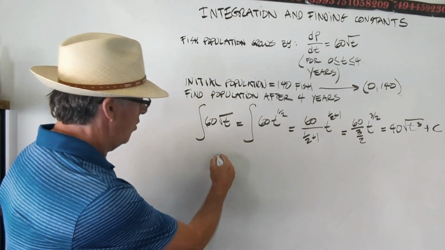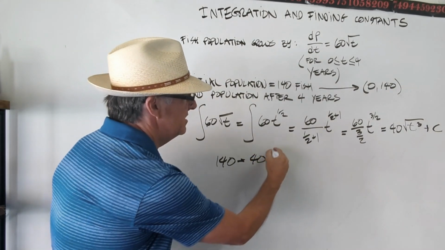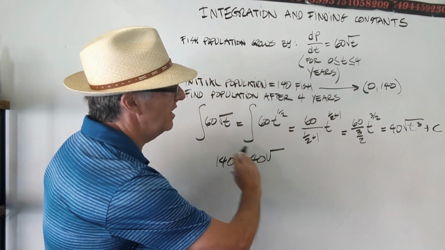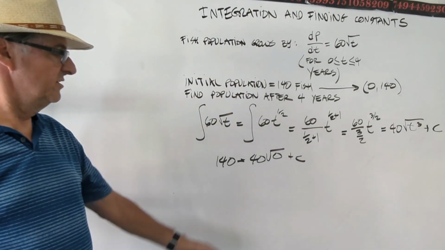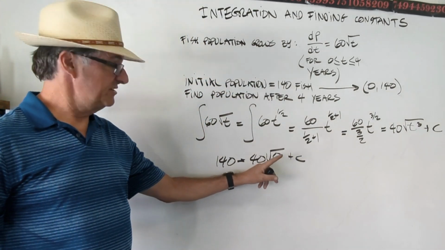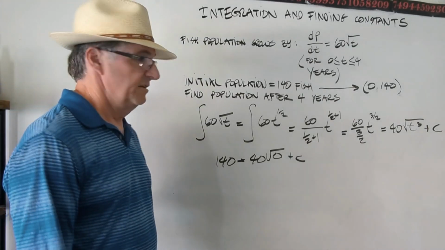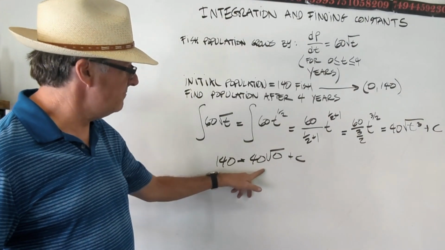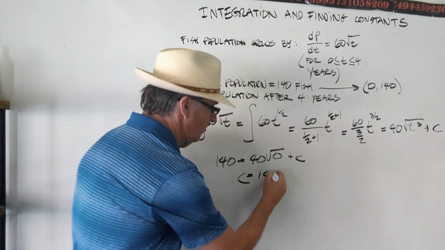That would be 140 equals 40 times the root of 0 plus c. So root 0 is 0 times 40. So yes, that's right. This is going to wind up that c equals 140.